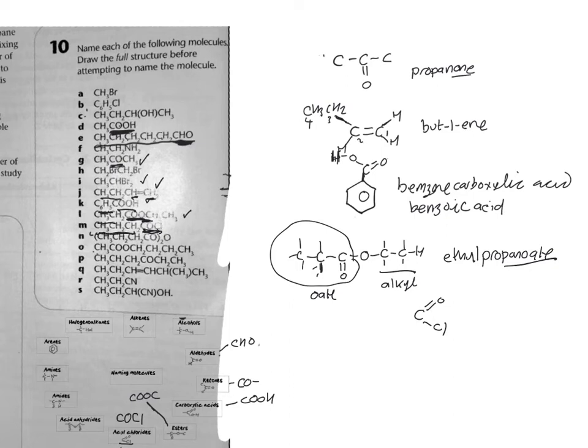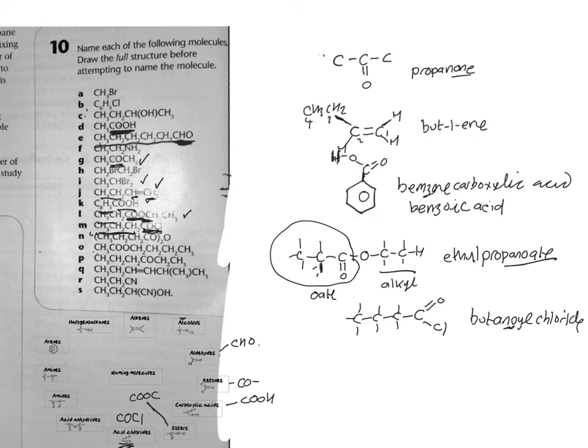So here you can see it's got 1, 2, 3 carbons here. So the longest chain is 4, so the stem is but. It's an acyl chloride and we know that they end in oyl chloride. So it's butan, oyl, no E there because this is a vowel, butanoyl chloride.